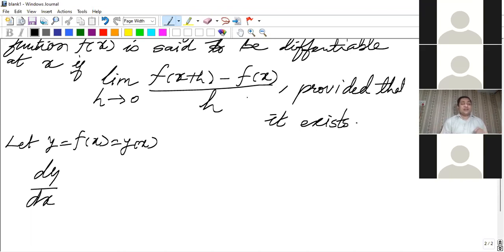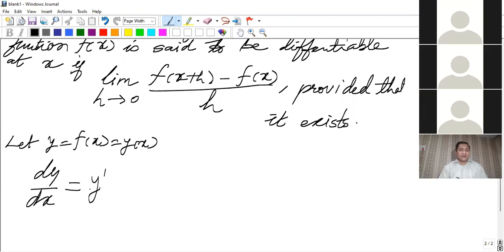This is one way to write it. The other way is y dash, the first order derivative of this function y.